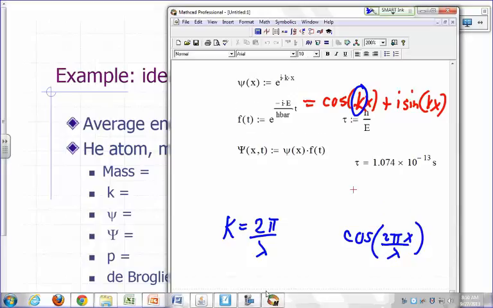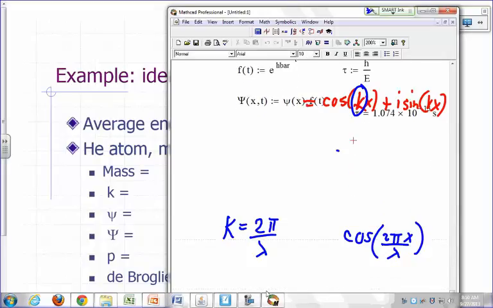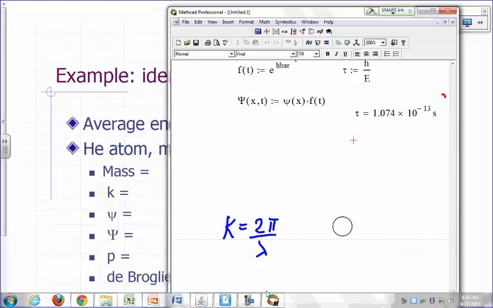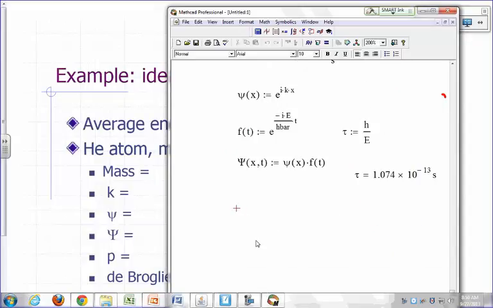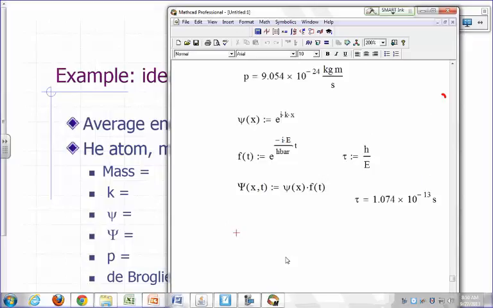Because then if I were to plot it from 0 to lambda, I know I'm going to get one cycle, if it's a sine wave or a cosine wave, it's going to be like that, right? So k is 2 pi over lambda. So what's lambda?